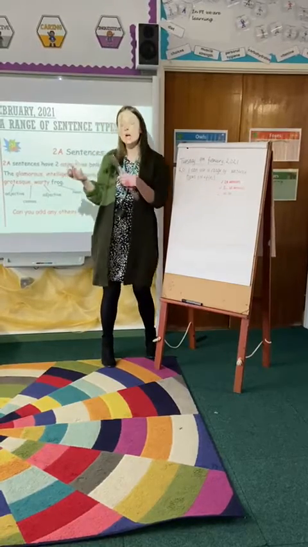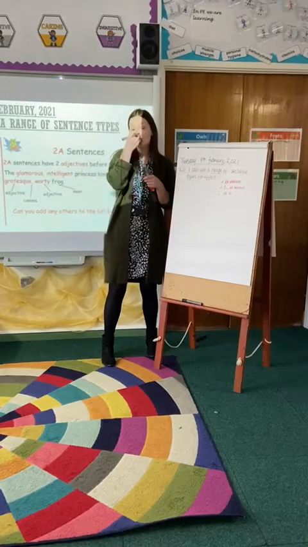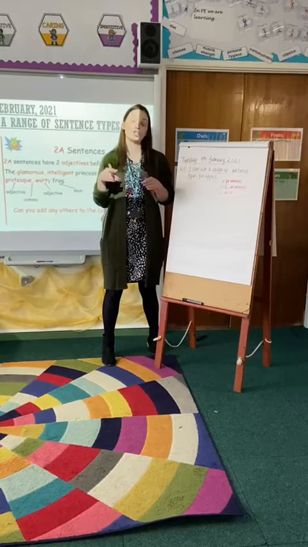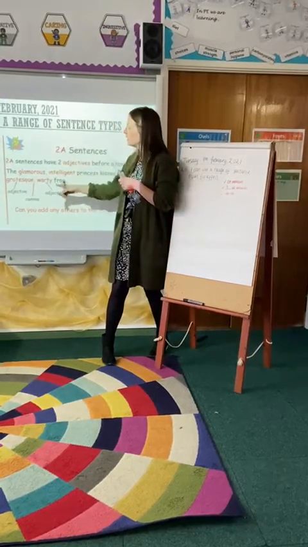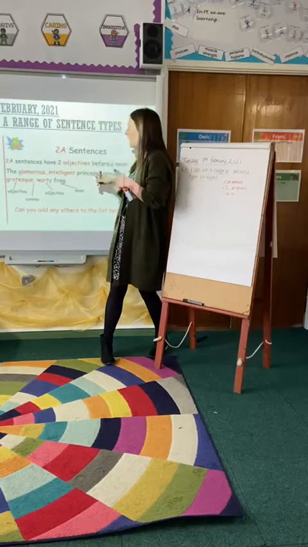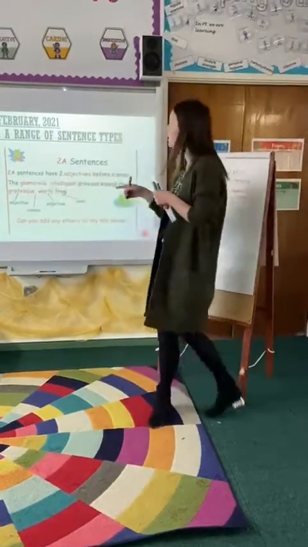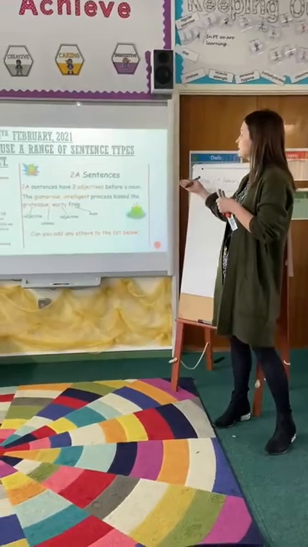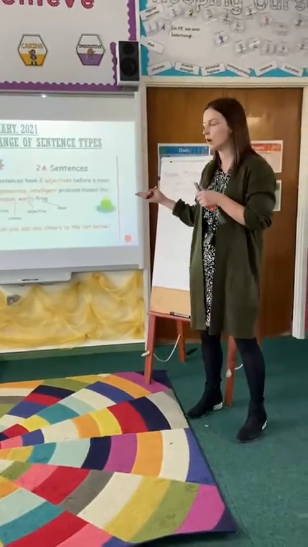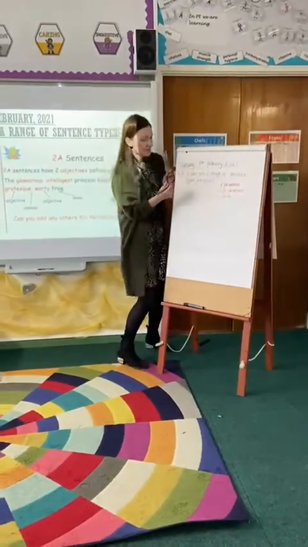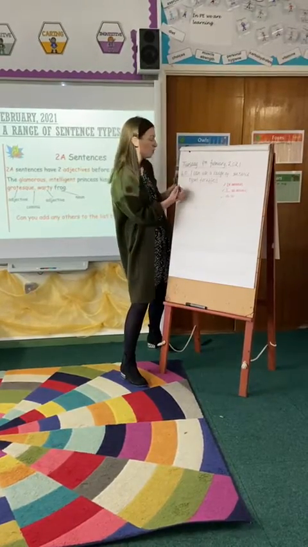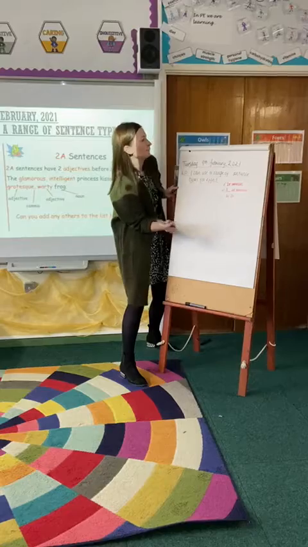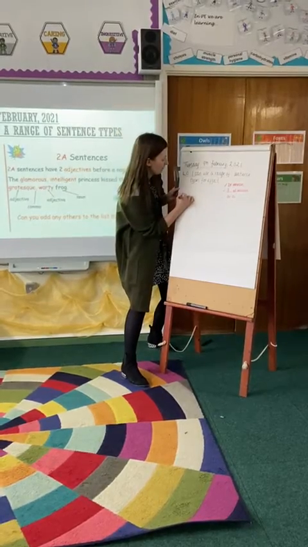So, we know that if it's going in a diary entry, it's going to be from his viewpoint. So we're going to have first person pronouns in there. But as it says on here, we must have 2 adjectives and a noun. The example that they've given is the glamorous, intelligent princess kissed the grotesque, warty frog. So I'm going to try and adapt this so that it fits with the scene.